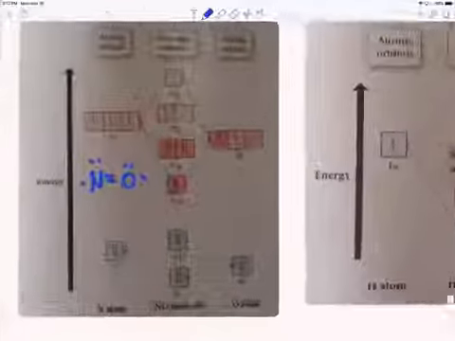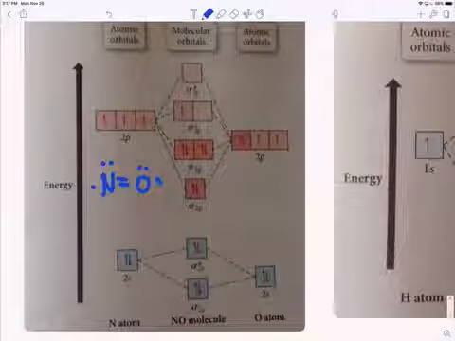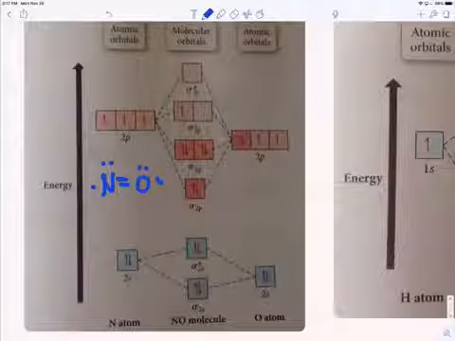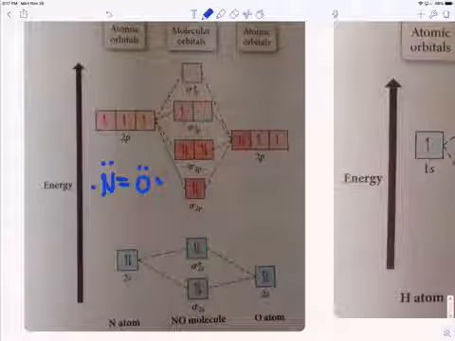Okay, also not on the test. What about heteronuclear diatomics? Hetero means different, so different nuclei, diatomics, two-atom molecules. And this is nitrogen monoxide.